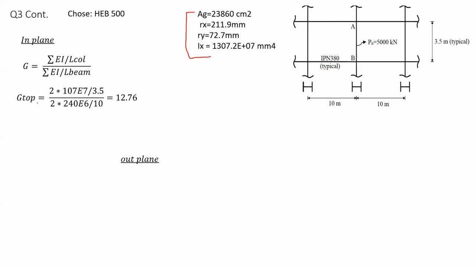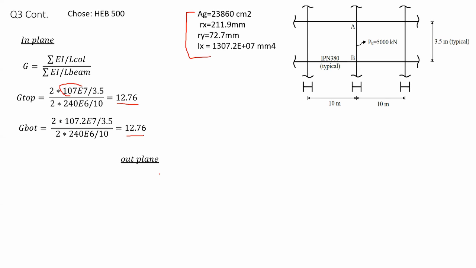If you consider G top just the same as we did before, the only value that will change here is the moment of inertia. The beams are the same, the length is the same, but the moment of inertia changed. So I get my G top equal to 12.76, and the same for G bottom.